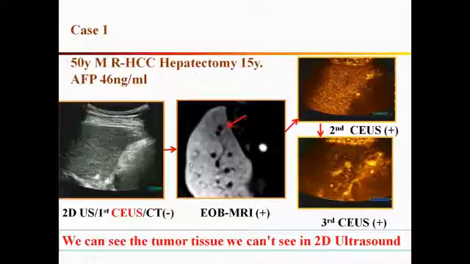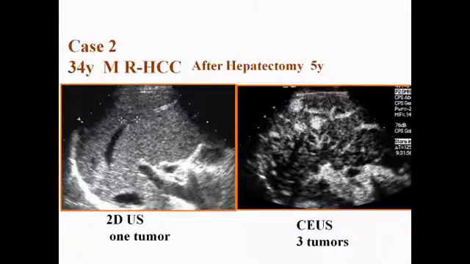So we can see that using contrast ultrasound, it's very, very easy. It's very useful to find the small tumor, and we can see tumors that cannot be seen in 2D and sometimes in CT.